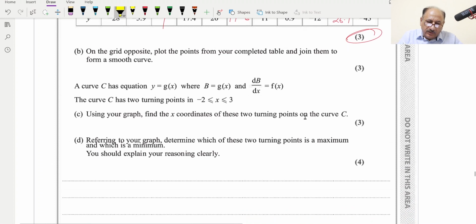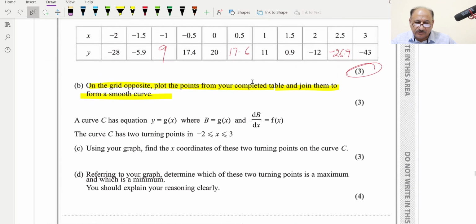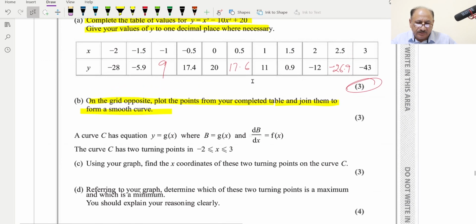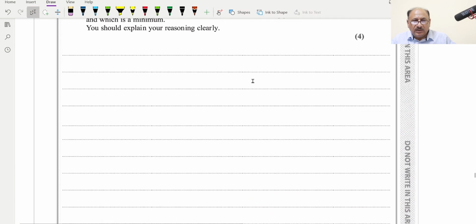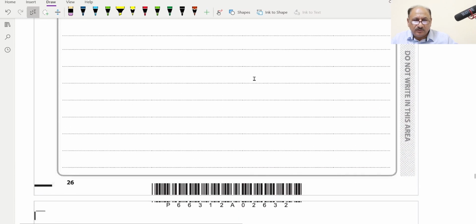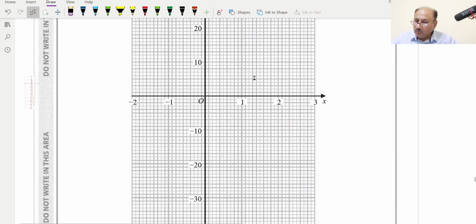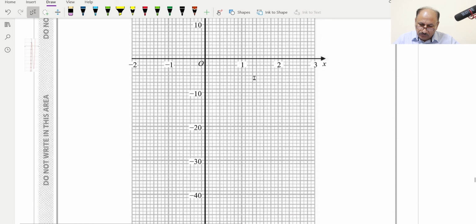Now for part B, on the grid opposite, plot the points from your completed table and join them to form the smooth curve. So we have to plot that one. The first point is minus 2 and minus 28, which will be over here, down somewhere.